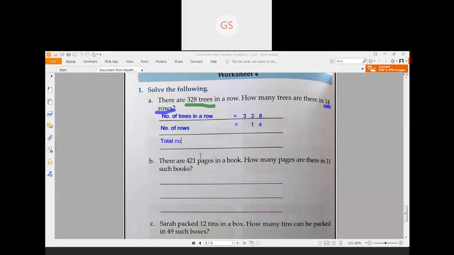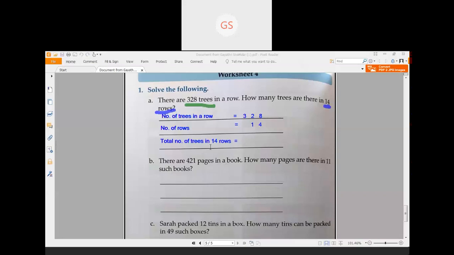Total number of trees in 14 rows is equal to, you have to give the answer. Correct?